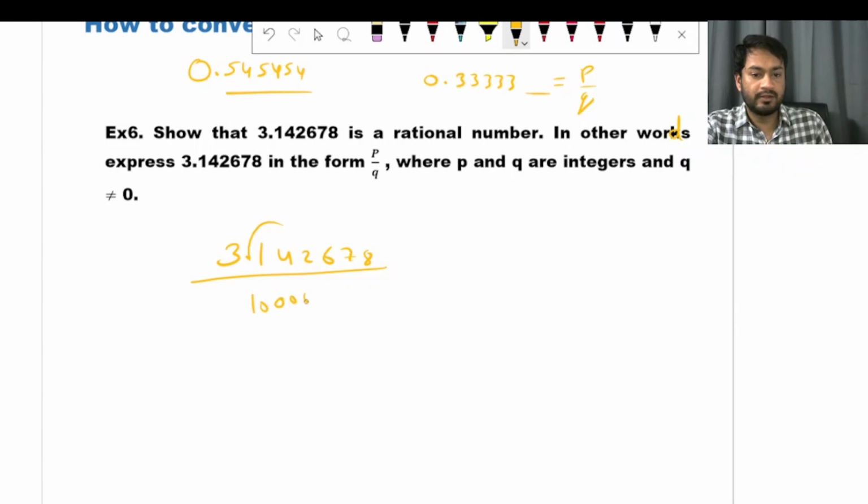So this is the way we convert this into P upon Q form. So 3.142678 upon 1 2 3 4 5 6. You can cut it if you want, but this is the way.